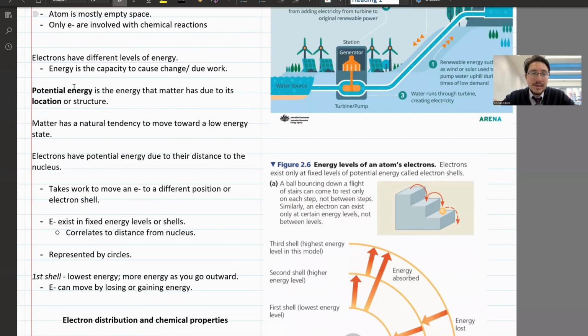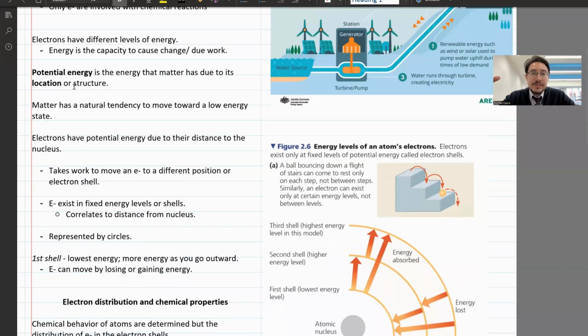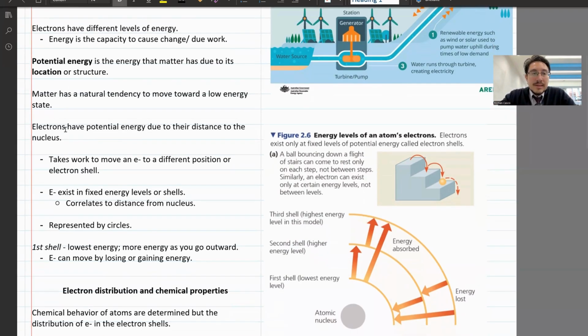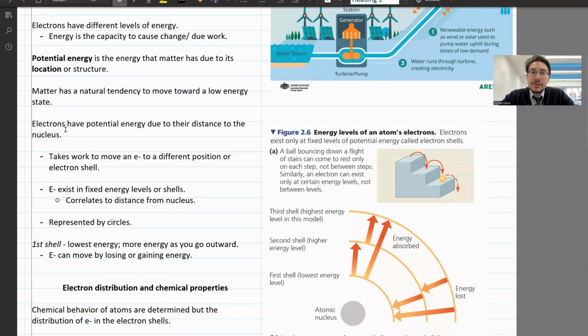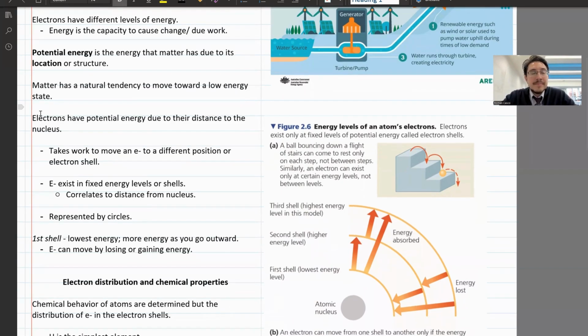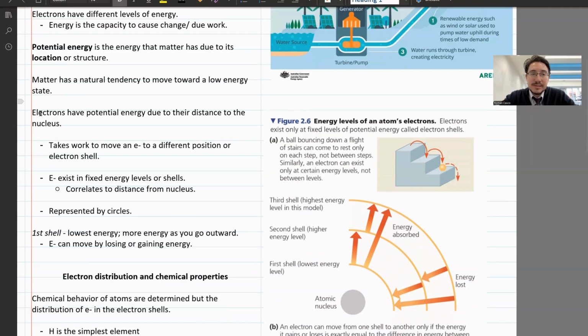We know that energy is the capacity to cause change or to do work, and potential energy is energy that matter has due to its location, structure, or condition. Electrons have certain levels of energy depending on where they are relative to the nucleus of an atom. Matter in general has a natural tendency to move toward lower energy states.